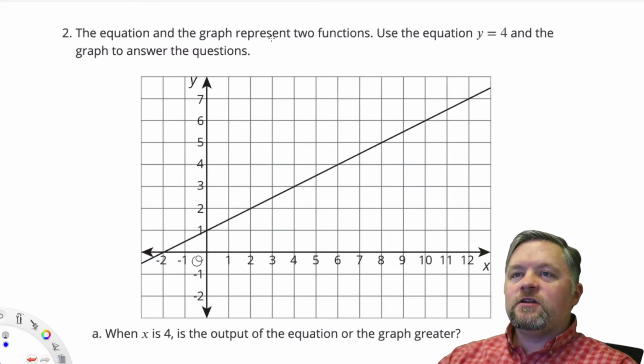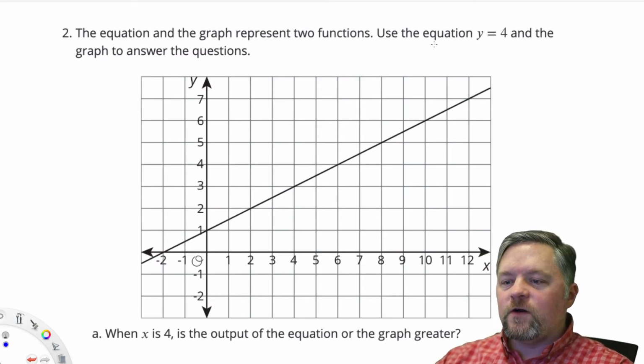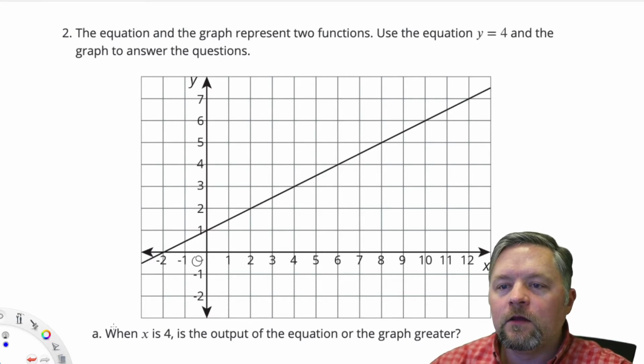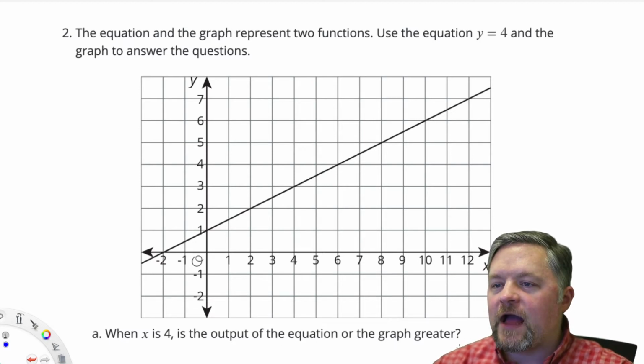The equation and the graph represent two functions. Use the equation y equals 4 and the graph to answer the questions. When x equals 4, is the output of the equation or the graph greater?